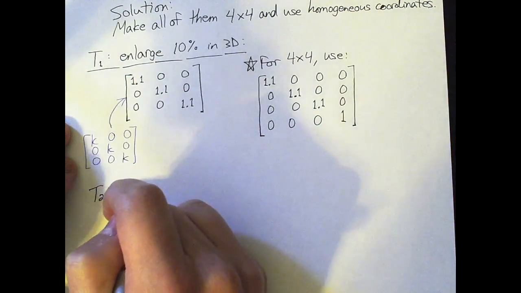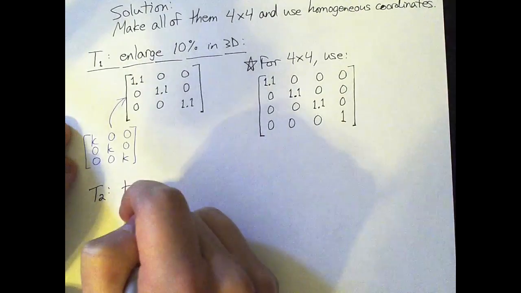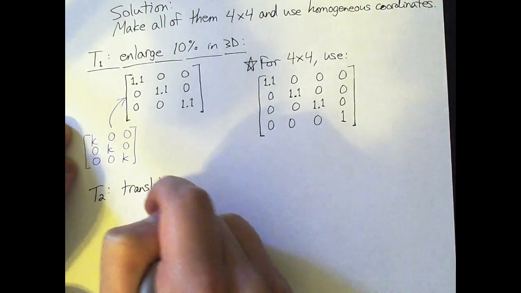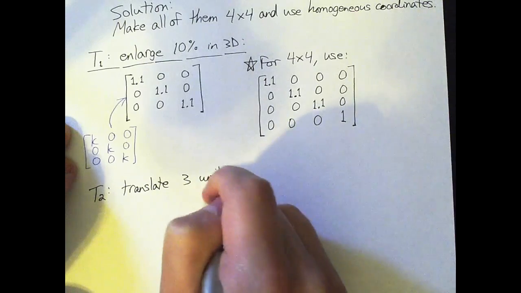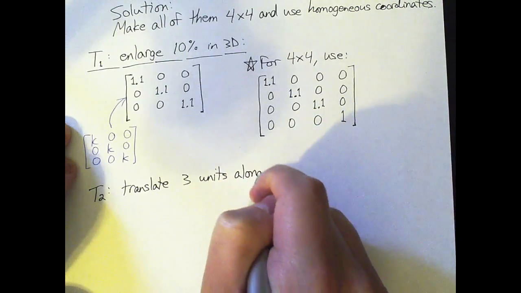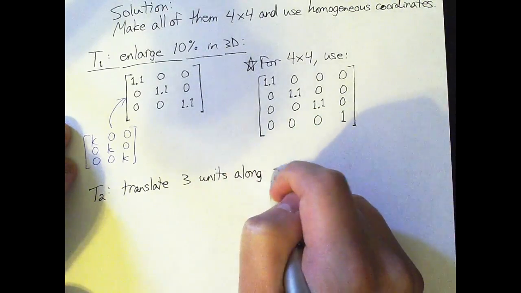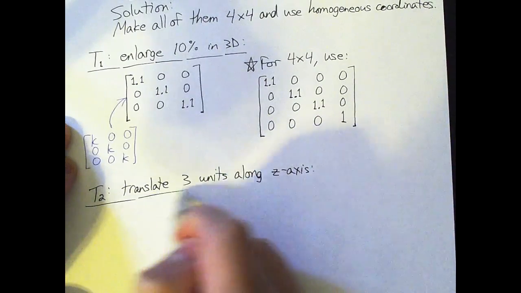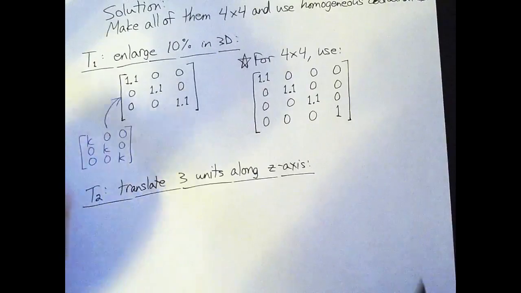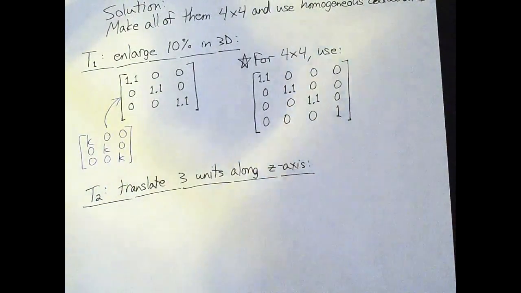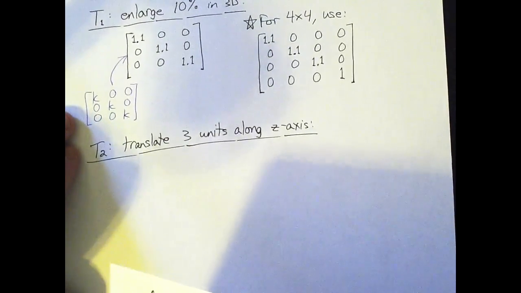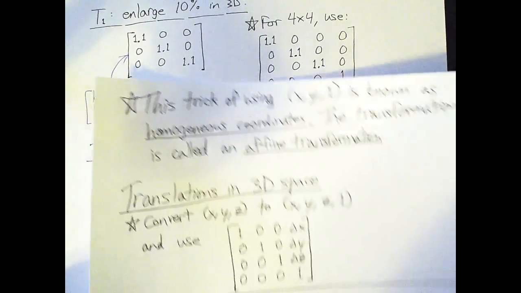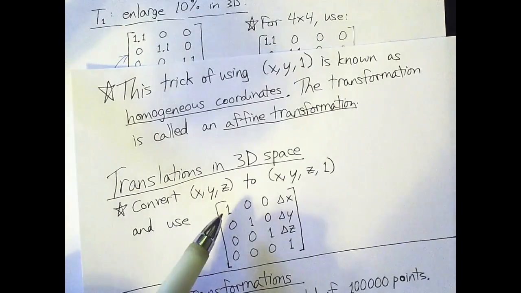And then for T2, we want to translate 3 units along, I think I said the z-axis. All right, earlier we had the matrix of this type of transformation. It looked like this.